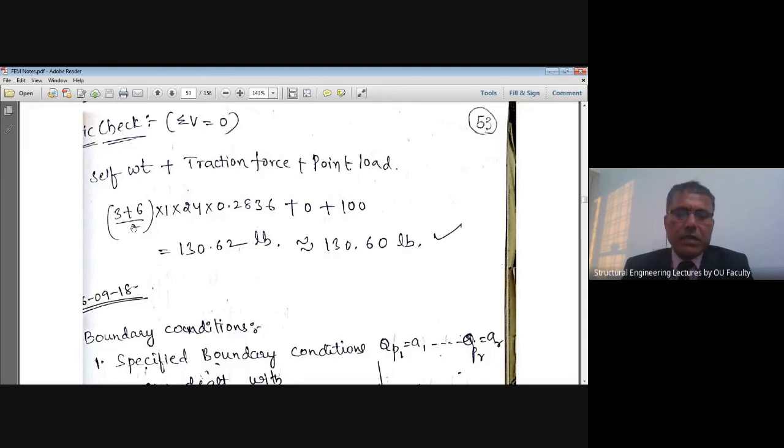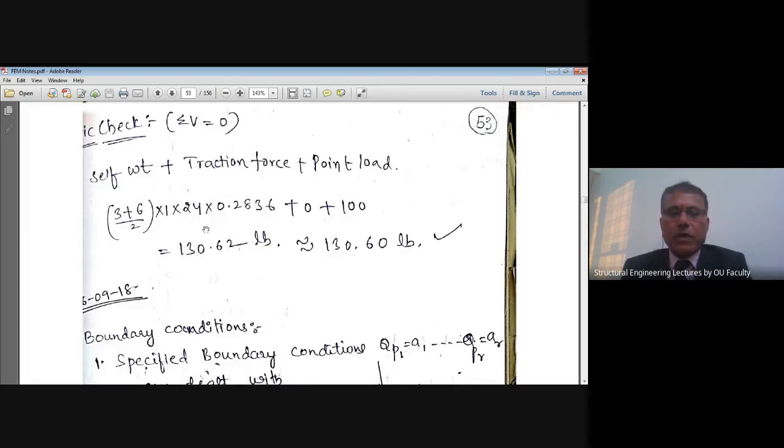Average width of the trapezoid is 4.5 multiplied by thickness gives the area, multiplied by the total length of the continuum, 24 inches in this 1D problem, gives the volume, multiplied by density 0.2836, which gives the self-weight dead load.